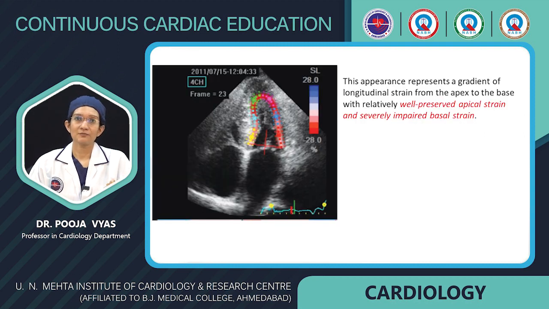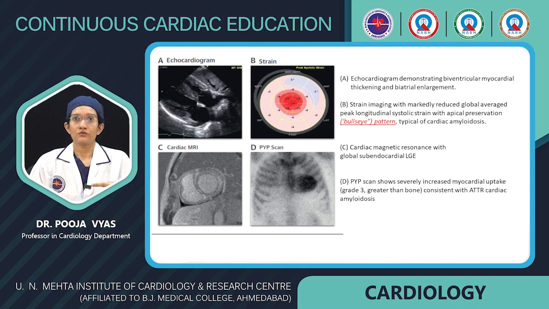This is speckle tracking, which shows a gradient of longitudinal strain from apex to base, with well preserved apical strain and severely impaired basal strain. This pattern leads to the bull's eye pattern, which is typical of cardiac amyloidosis.